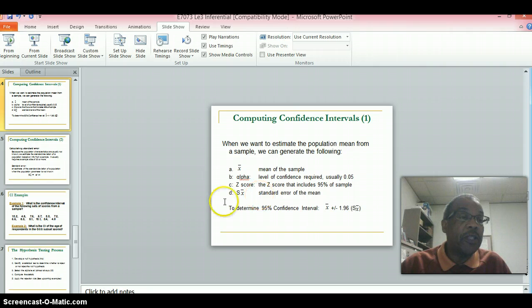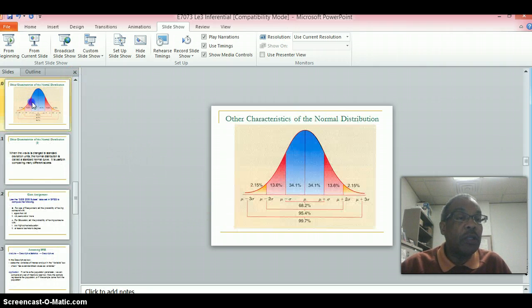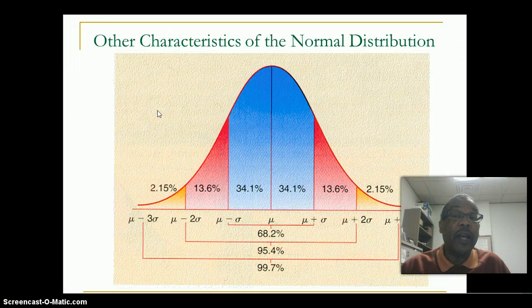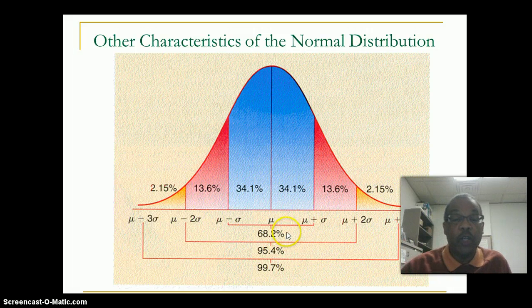Okay, there are a couple of things I want to show you or remind you about before we talk about the confidence interval. If you remember, I showed you this slide at the end of the last presentation. Notice that for the normal curve, the mean is always in the center. So if you go one standard deviation on either side of the mean, as represented in blue, you would capture 68.2% of the population.